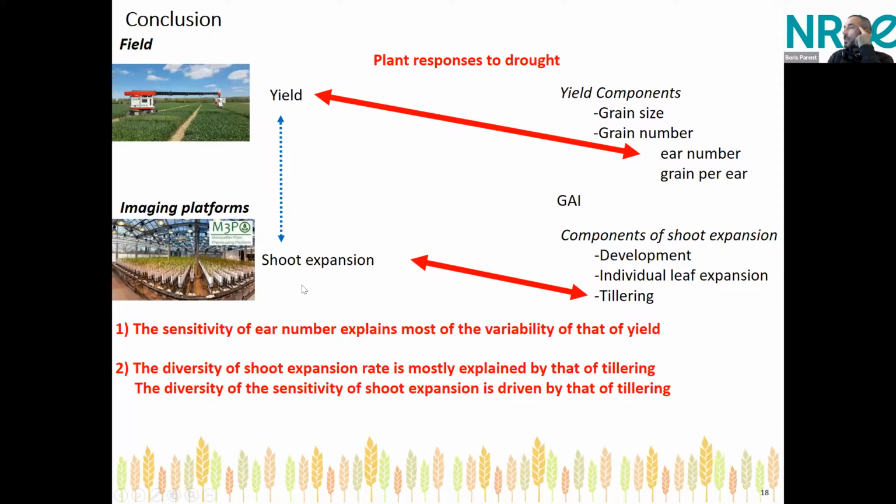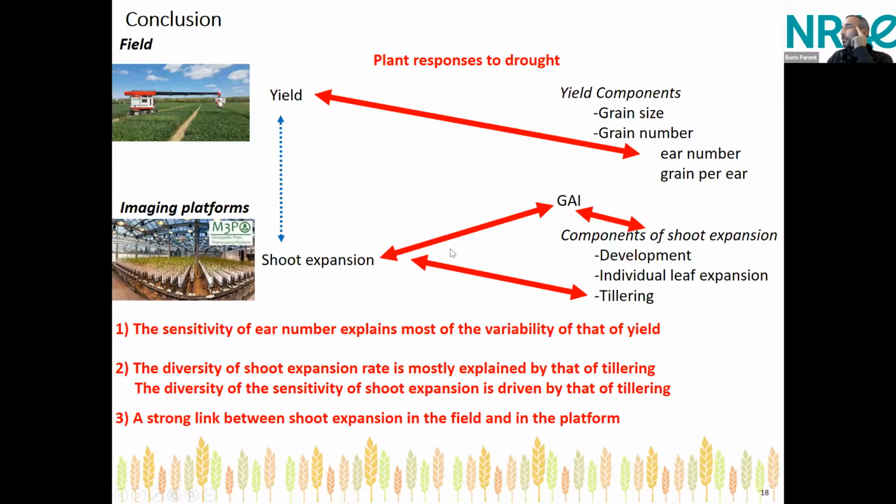There's really a strong link between tillering and shoot expansion. We had a strong link between shoot expansion measured in the platform and green area index in the field, and poor correlation between this component in the platform and the yield component in the field. So we are still working on that.